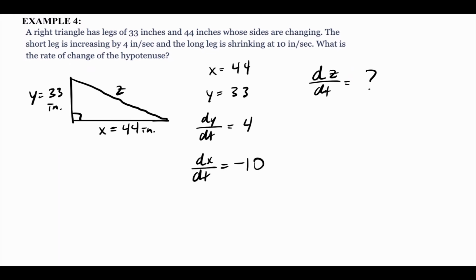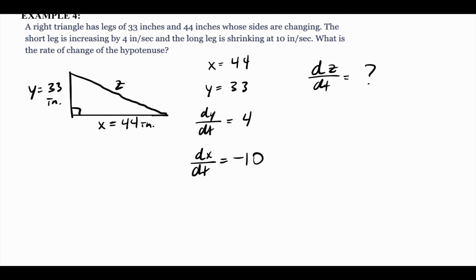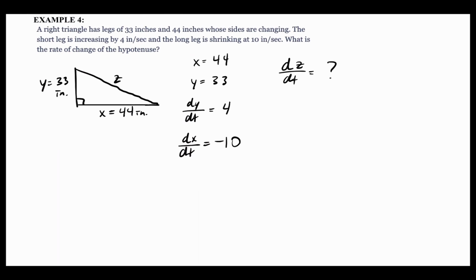Pythagorean theorem. They're not asking us about area, or the rate of change of area of the triangle. It's asking us the rate of change of the hypotenuse, so we're going to use the Pythagorean theorem. I use X, Y, and Z because I want to stay consistent and not introduce other letters, which would be more confusing.